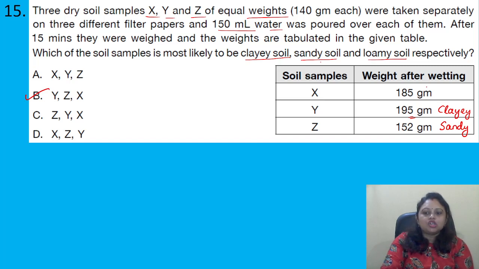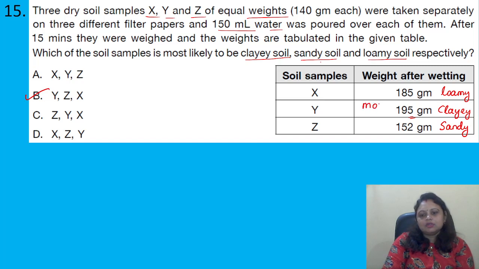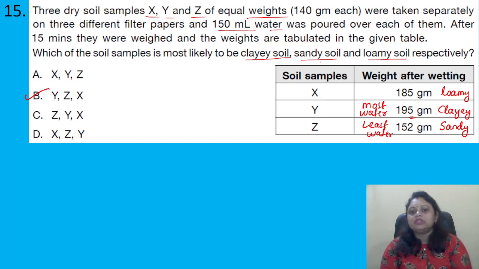And the other one, the loamy soil, contains water between clay and sandy soil. That's why the correct answer is option B. Got it? So clay contains the most amount of water, and sandy, among these three, contains the least amount of water.